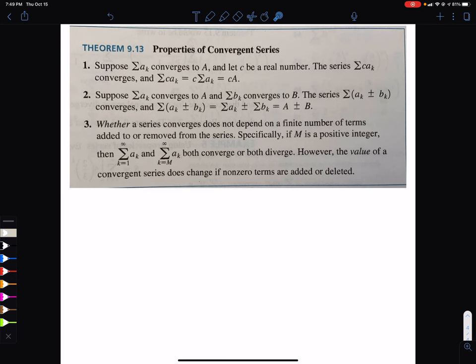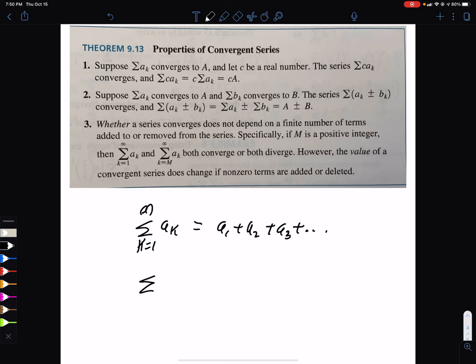This is the one that I'm going to try to work with your brain and see if you can follow this. Number 3, what is it saying? So I'm going to start at 1 and go to infinity for this series. So I get a sub 1, a sub 2, a sub 3, dot, dot, dot. Now, they're going to say this to you. Instead of starting at 1, I'm going to start at a different number.